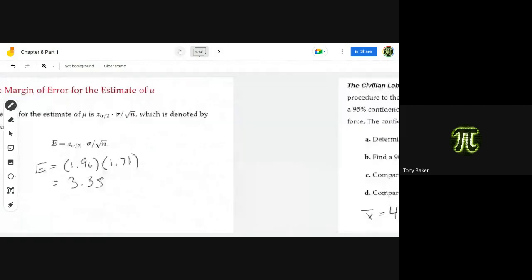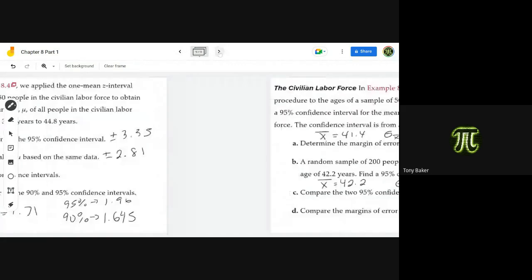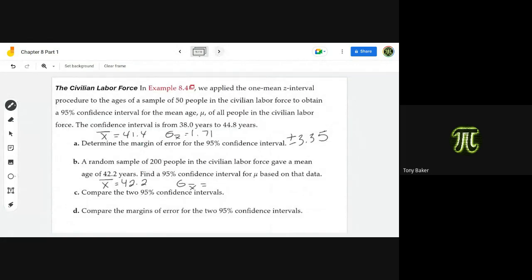So the original standard deviation, if you don't remember it, was 12.1 years, because you did need that. And they didn't put that back in this thing.